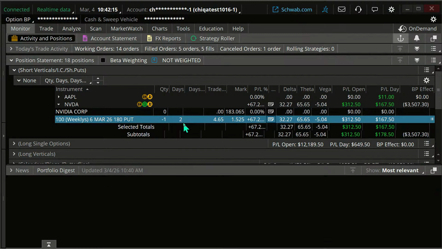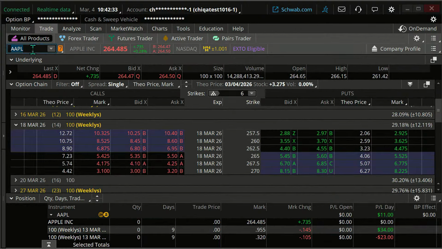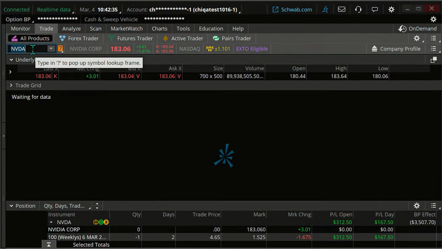There's one other choice, and I'm probably going to have to finish with this other choice because we're running out of time. But the other choice is this. We could roll this. We could say, I'm going to buy this put back on NVIDIA. Let's look at NVIDIA real quick. NVDA.